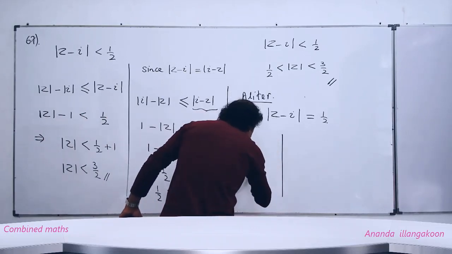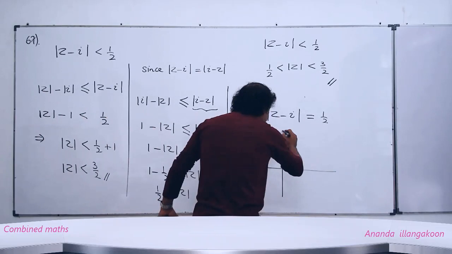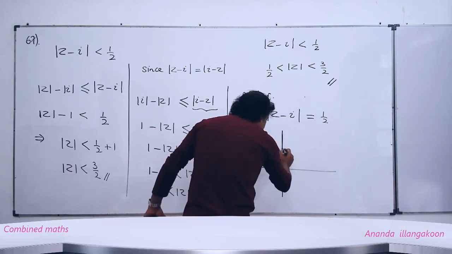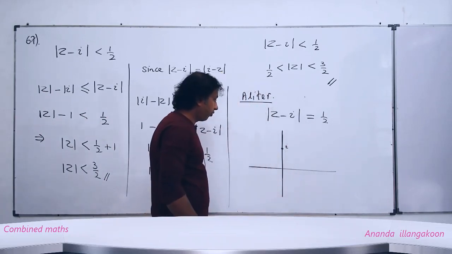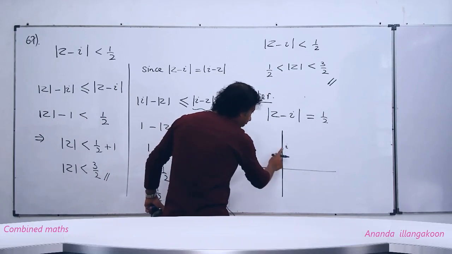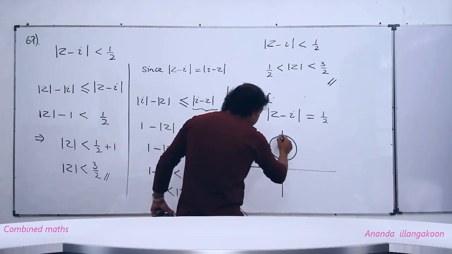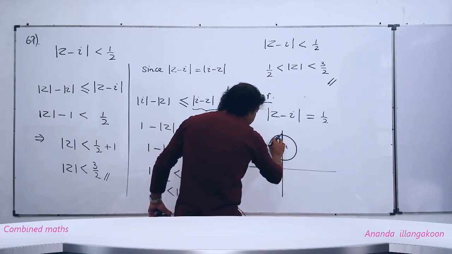Center at i. i is here. Radius half. i means this length is 1, no? Then radius half means this. Right.